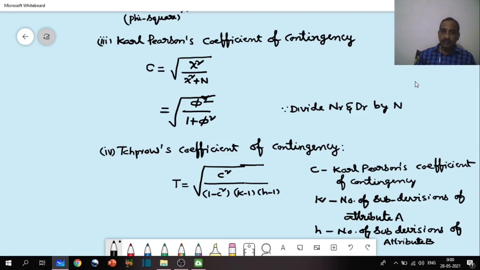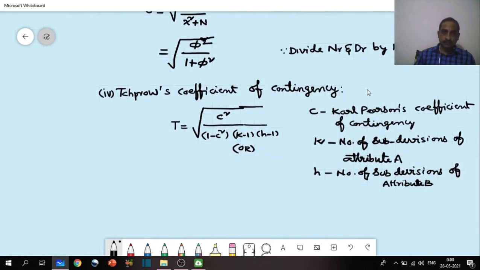Or else you can write another formula: T equals chi-square by N into the square root of k minus 1 into h minus 1.